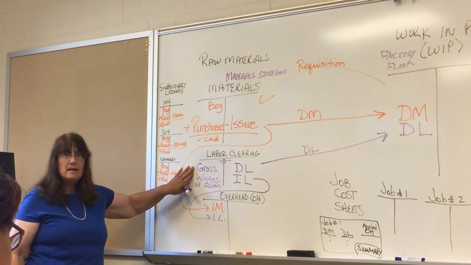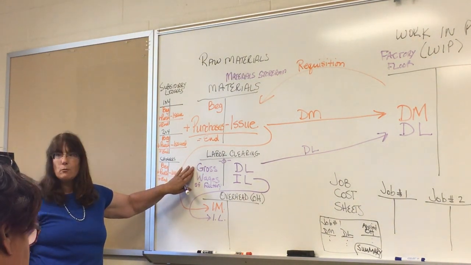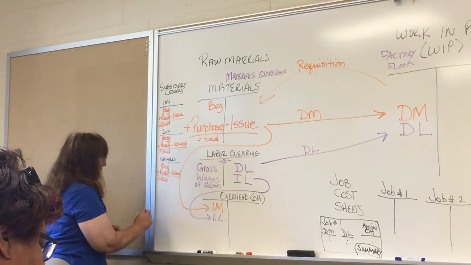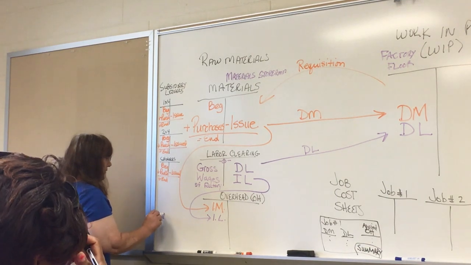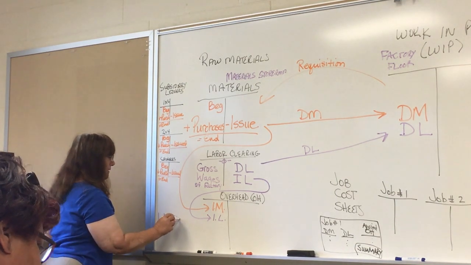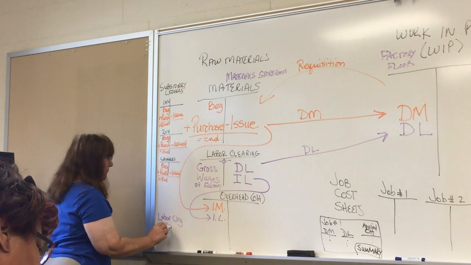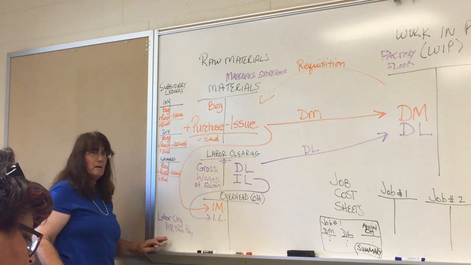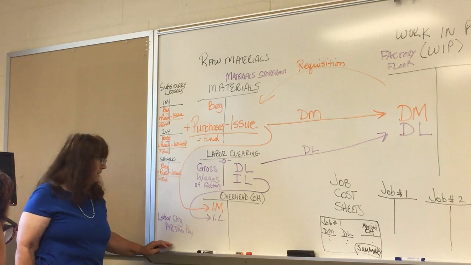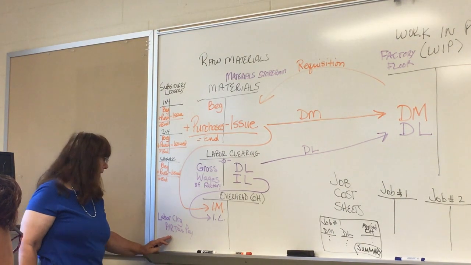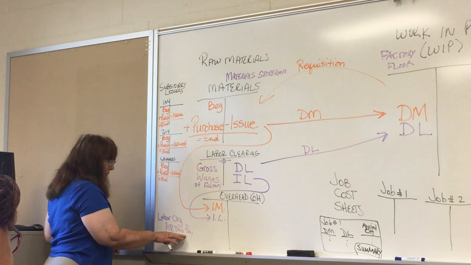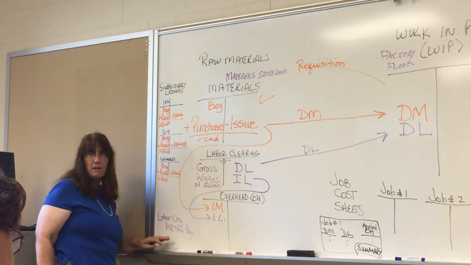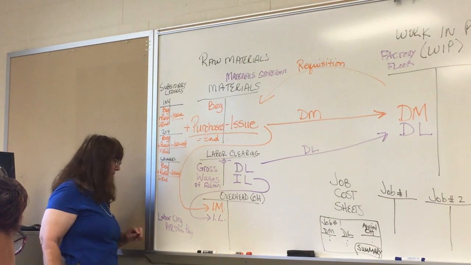So we're going to debit labor clearing whenever we have gross wages of the factory, okay? You're going to credit payroll tax payable accounts, such as Social Security payable, Medicare payable, income tax payable, and all the stuff that we're taking out of their checks, okay?